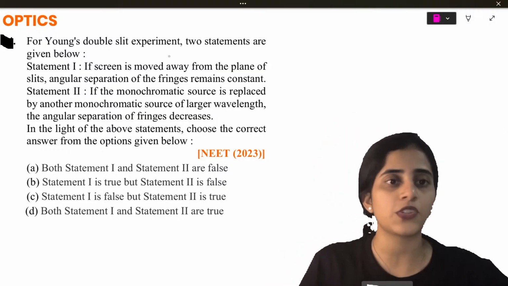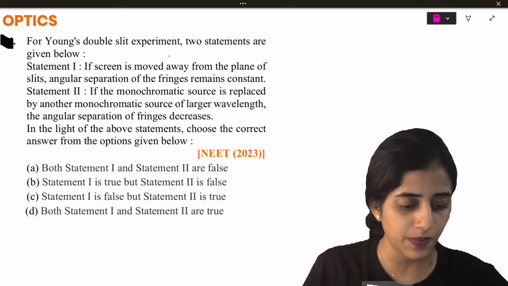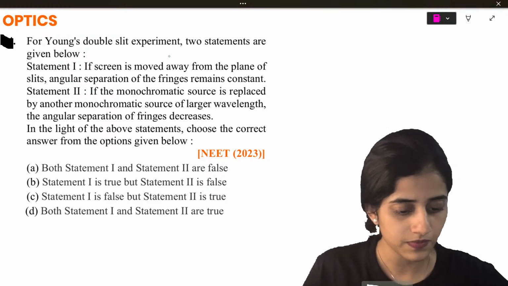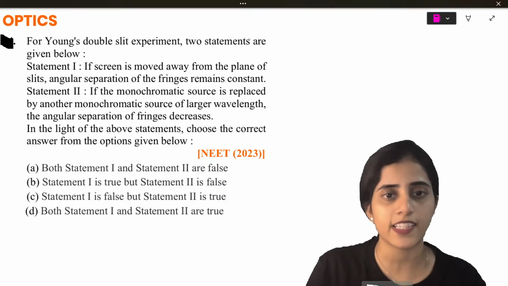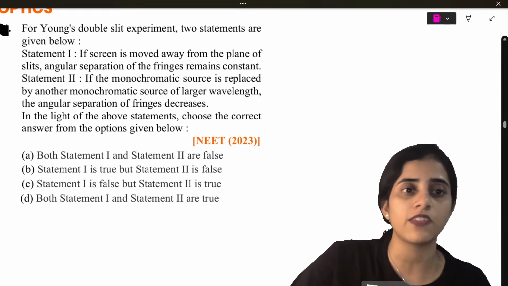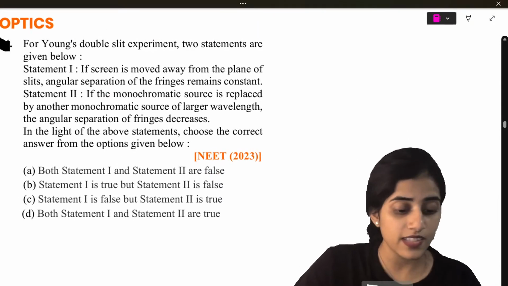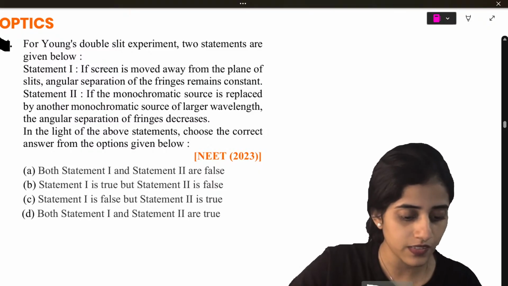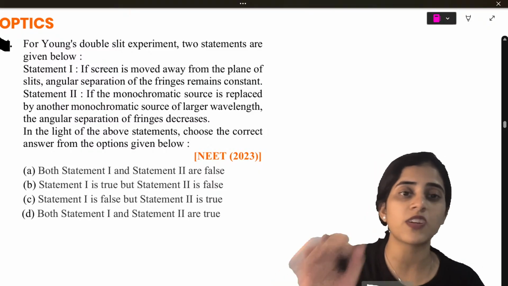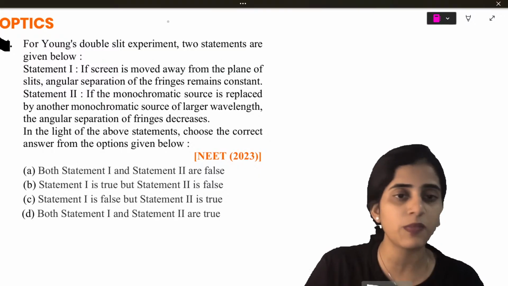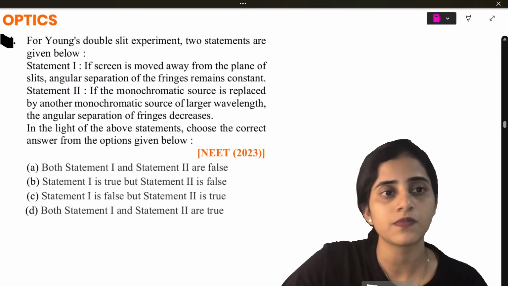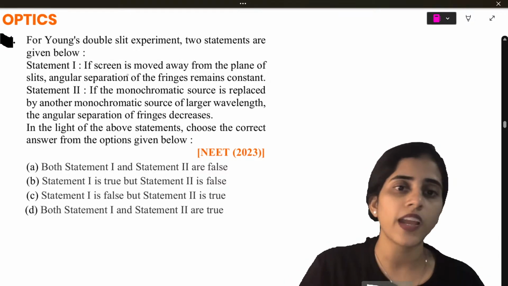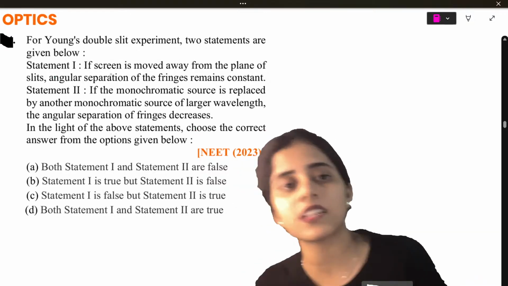Okay. Next question. For Young's double slit experiment, two statements are given below. Okay, now these are all questions from optics. From now on we'll be solving some questions from optics. Statement 1.